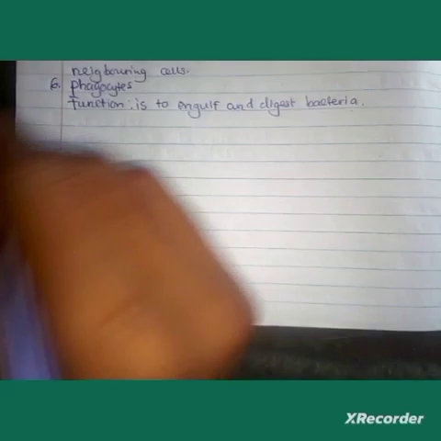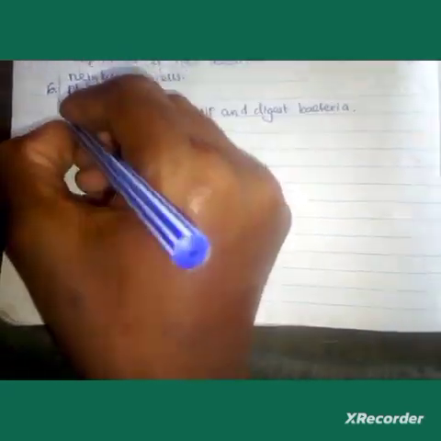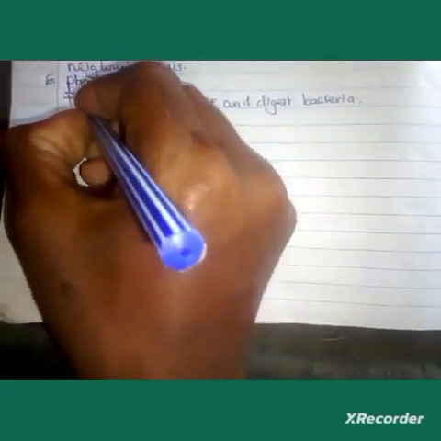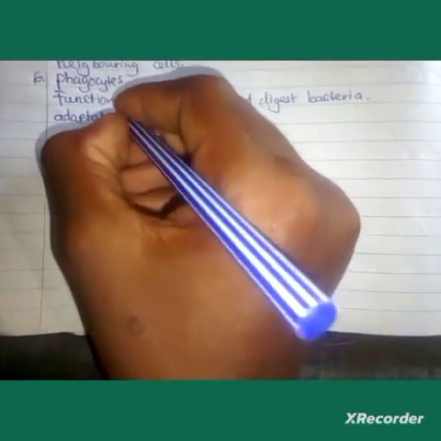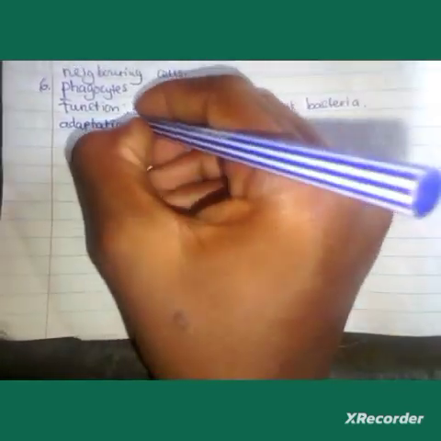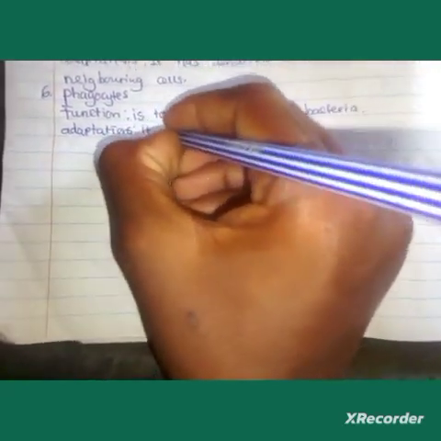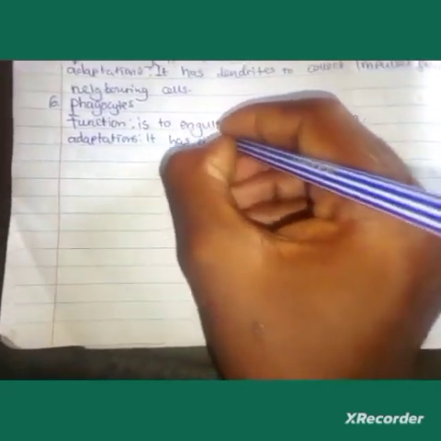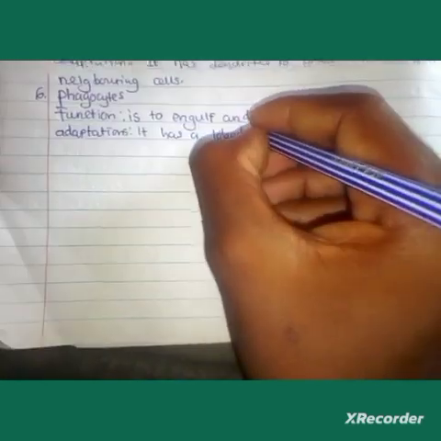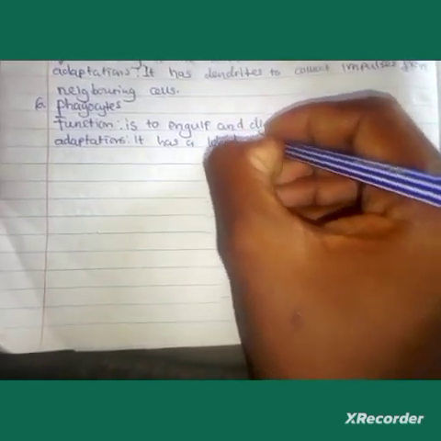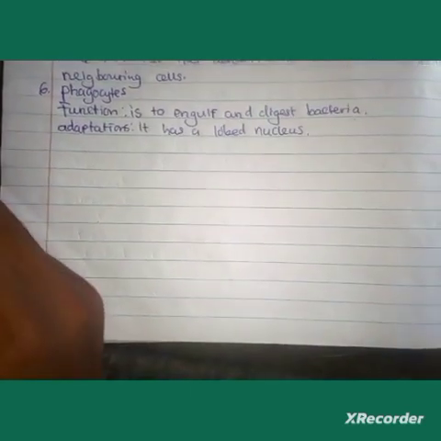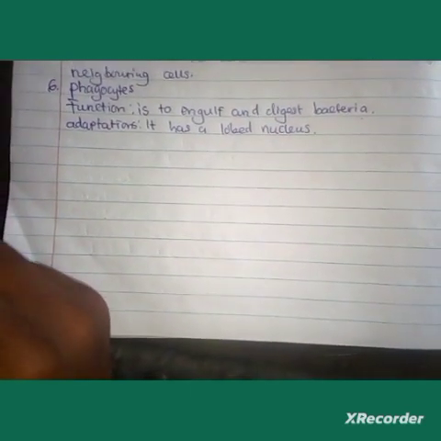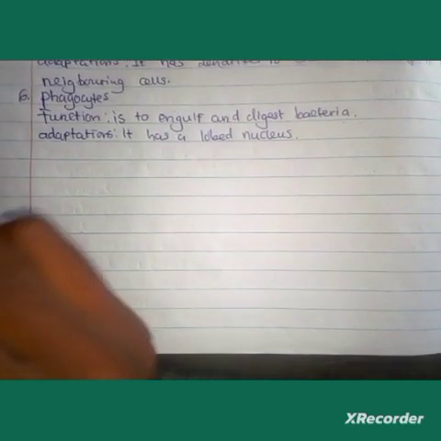Okay, the adaptation of the phagocyte, it has a lobed nucleus, which makes it easy for it to engulf bacteria.